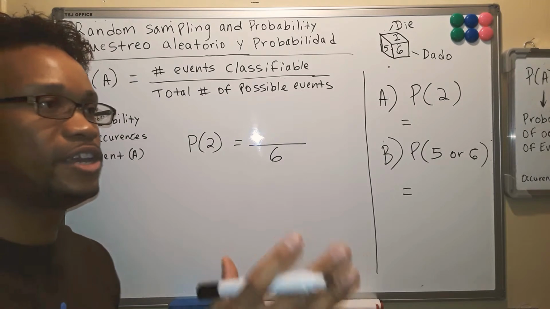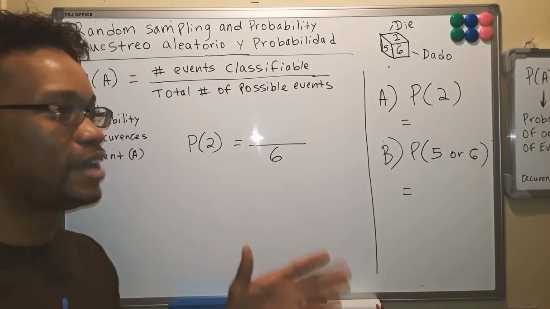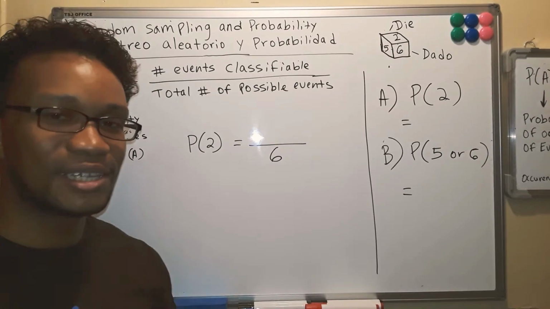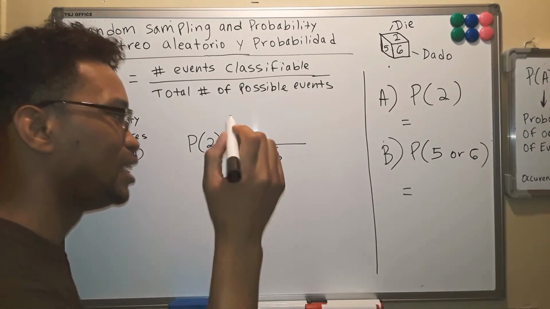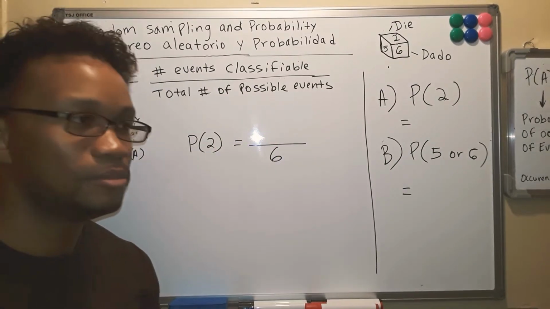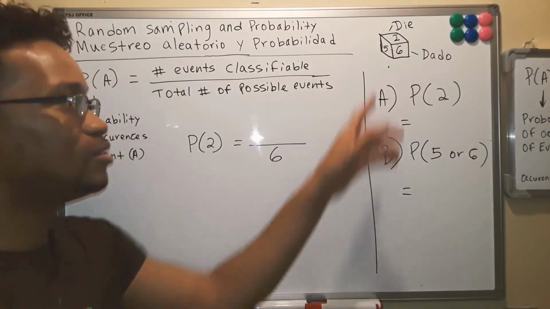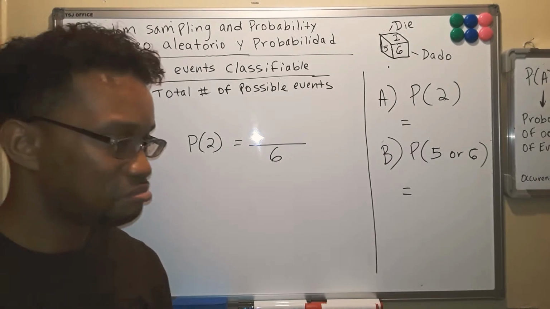You can't put 20, you can't put 30. That's the limitation. Un dado solo tiene 6 lados, es por eso que abajo el total tiene que ser 6.